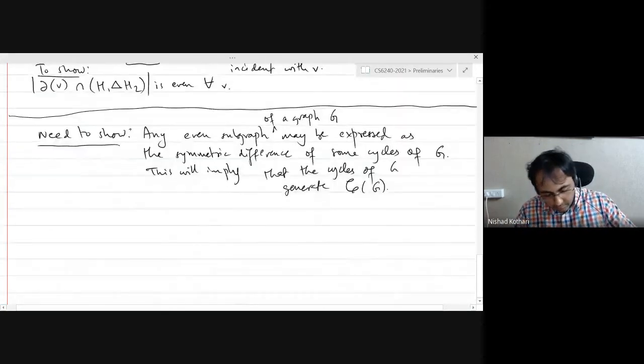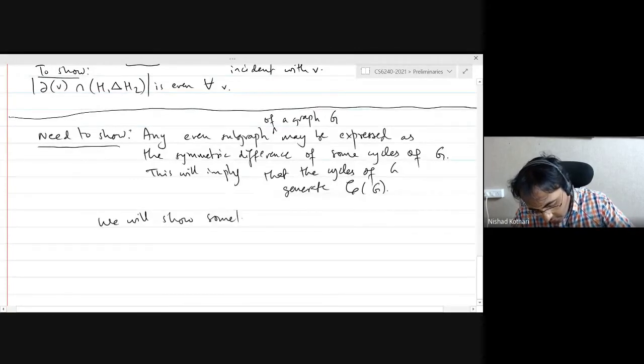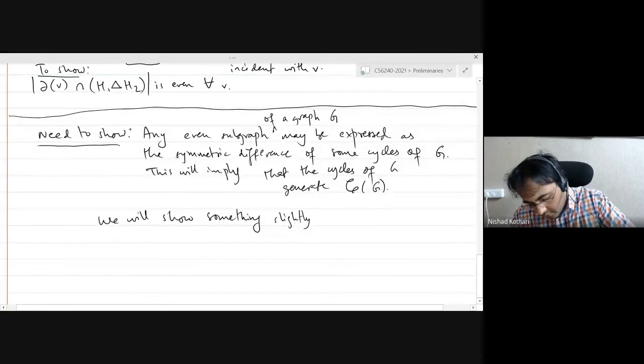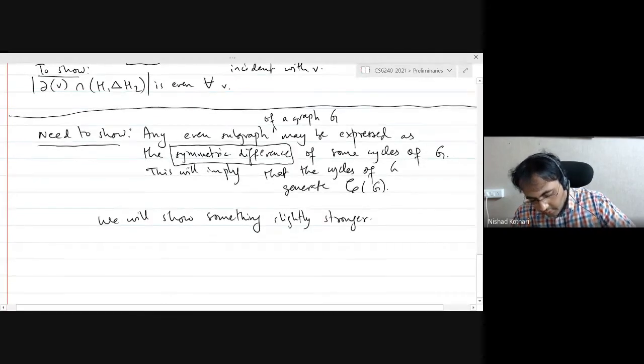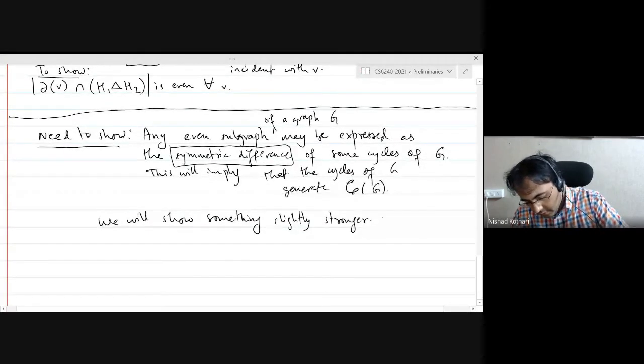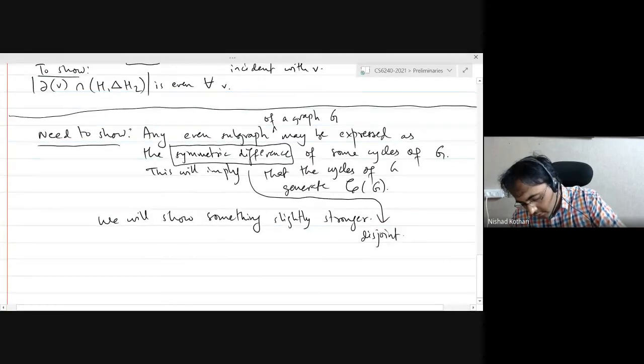So we will show something slightly stronger: that instead of symmetric difference, we just need disjoint unions, right?